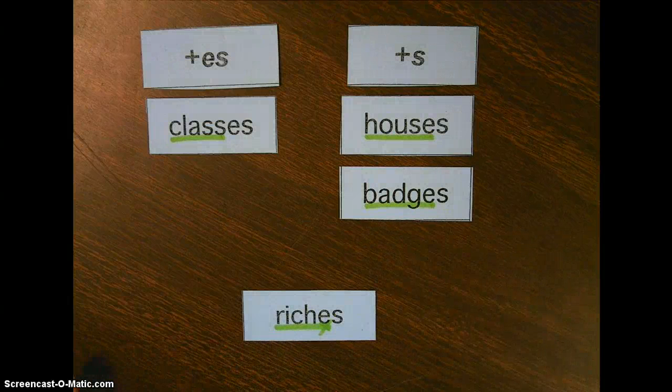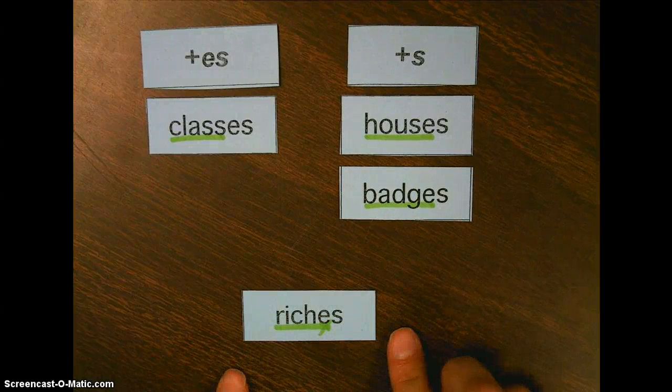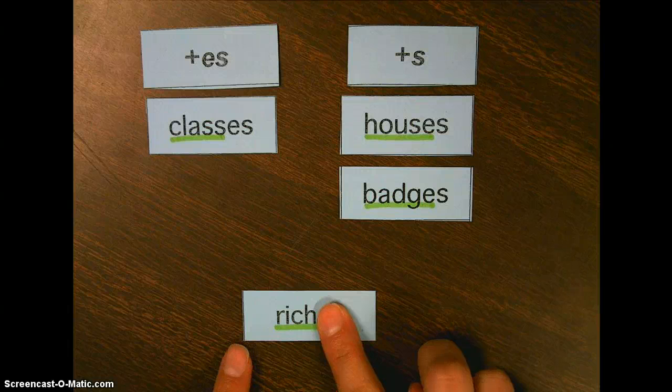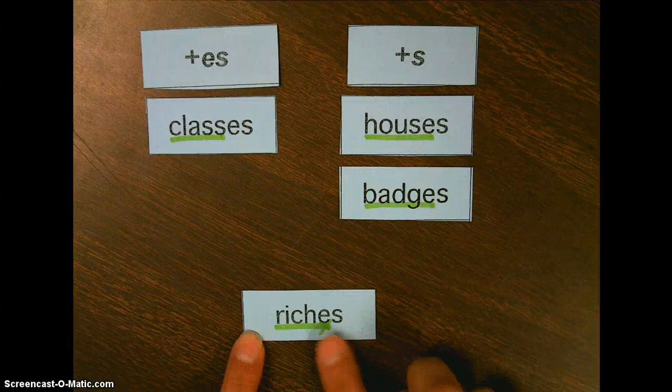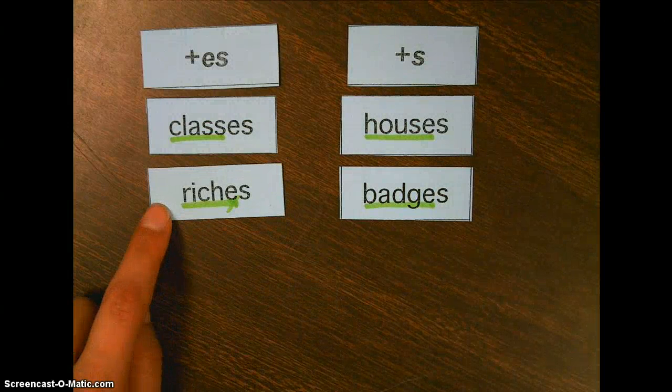Here's one, riches. Now I made a mistake when I was underlining the base word and accidentally underlined the E. The word rich is the base word, so ES is the ending that makes it plural. I tried to cross that out, but that goes in the ES category.